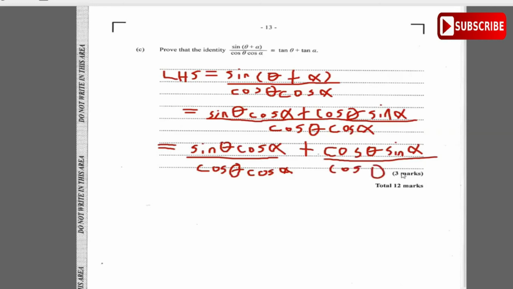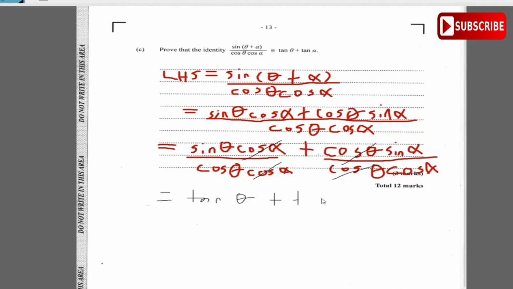Now that we have this, all you're required to do now is cancel. Cos alpha cancels cos alpha here. Sine over cos theta is tan theta. So that is how they get the first tan theta. Look how easy that is. Then the cos theta over cos theta cancel, and sine alpha over cos alpha is tan alpha.